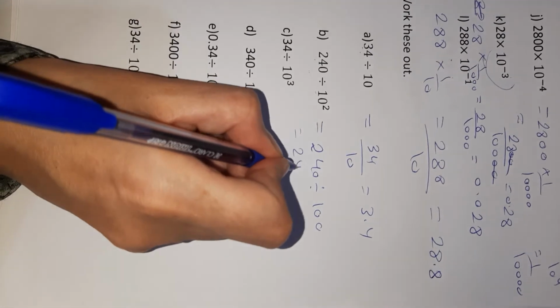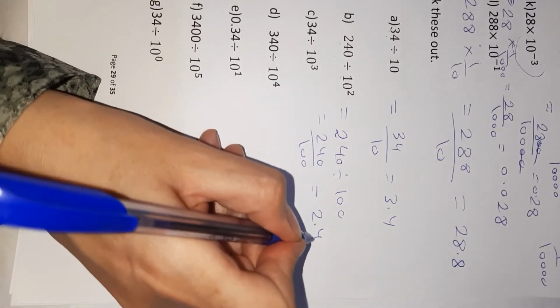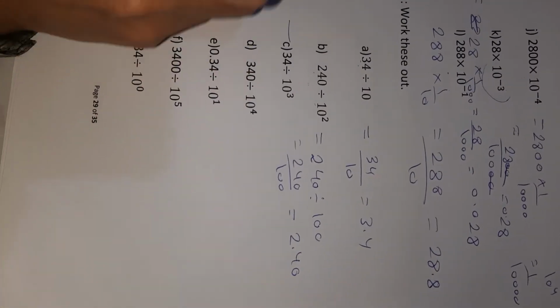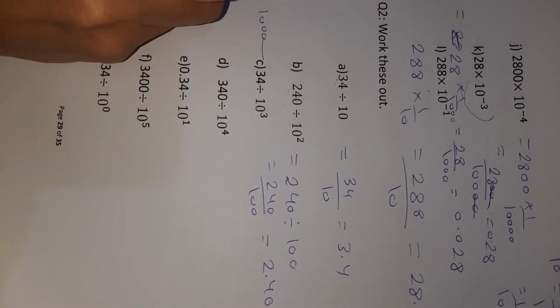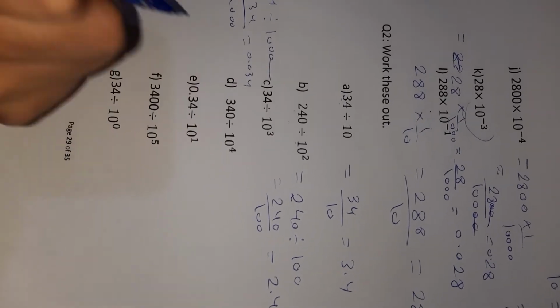It means 240 out of 100. It means 2.40. This one, 34 divided by 1,000, it means 0.034.